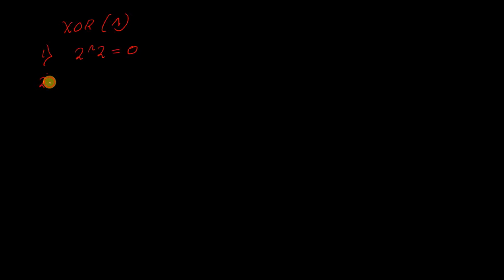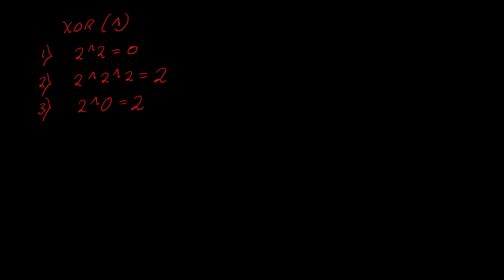The second property is that if we XOR a number by itself an odd number of times, then it will give the number itself. For example, 2 XOR 2 XOR 2, that is an odd number of times, then the result will be the number itself. And the third property is that if we XOR a number with 0, it will give the number again. So if we XOR 2 with 0, then it will give 2 again.